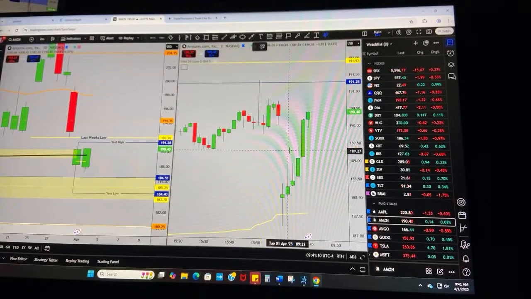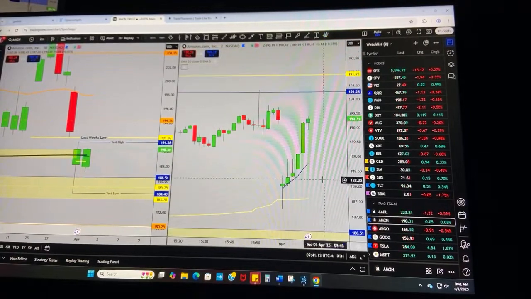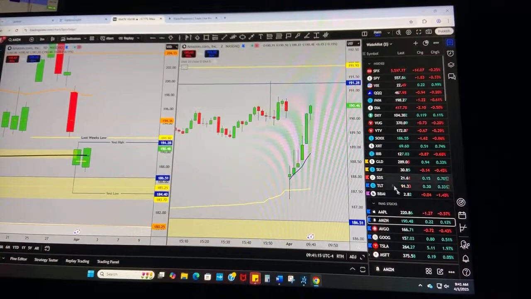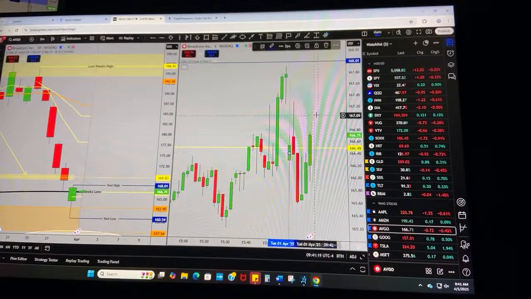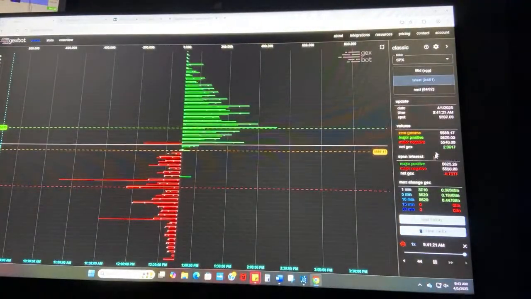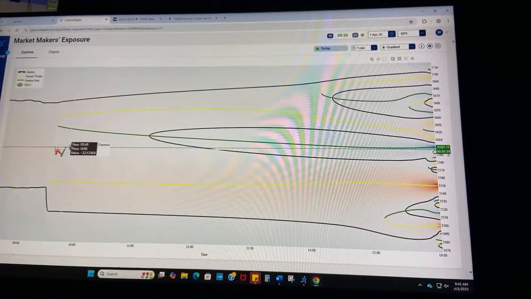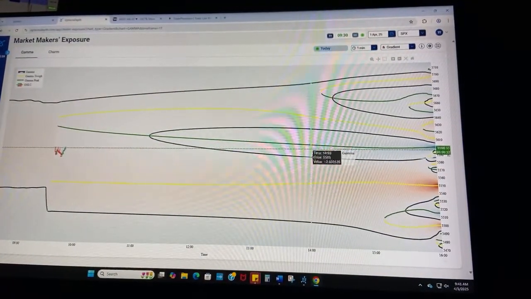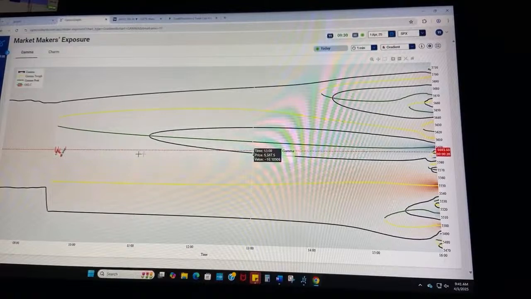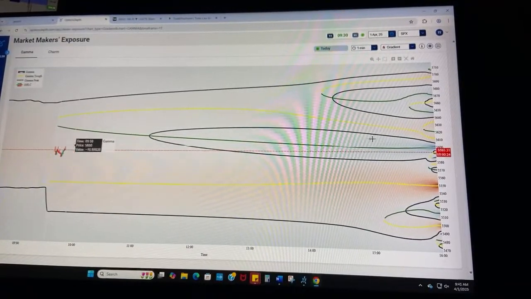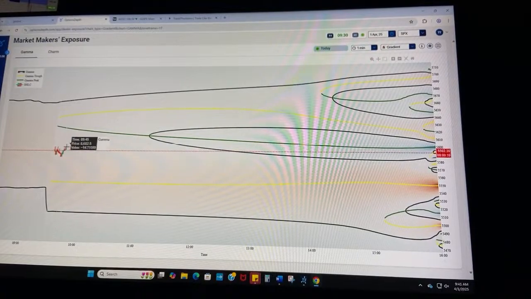Amazon, nice follow through here. Gap fill coming up. It's a little mixed right now. This 5,600, I should say, is a positive gamma node, so it's going to be a little hard to break that.